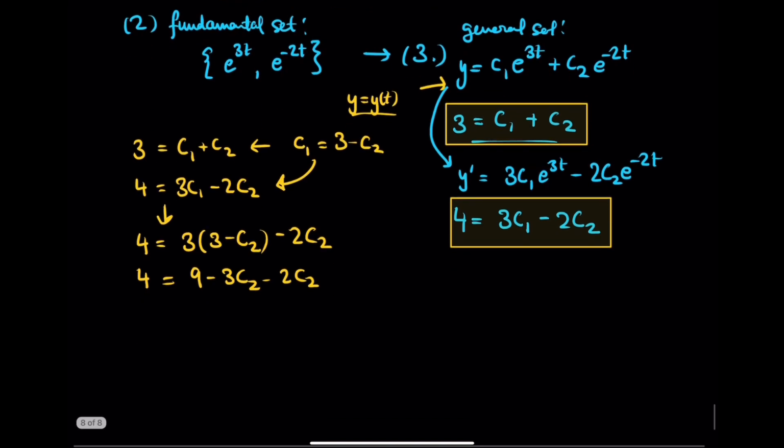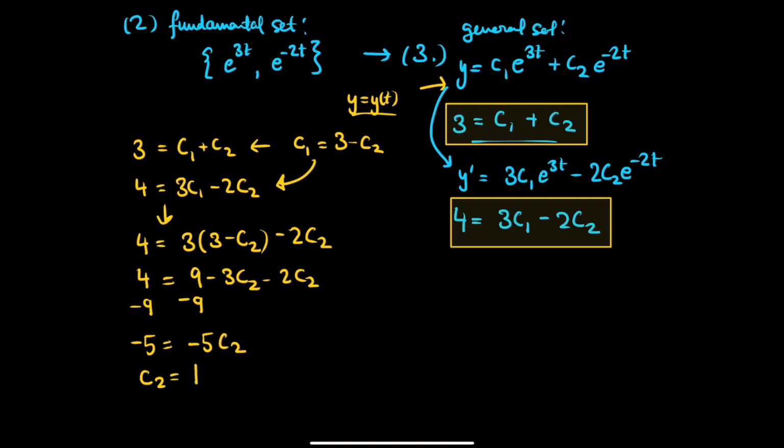Then we subtract 9 from both sides, so that's minus 5 equals minus 5c2. If we divide both sides by negative 5, c2 comes out to 1. Then we plug this back into the relation, and we find c1 equals 3 minus 1, which is 2.